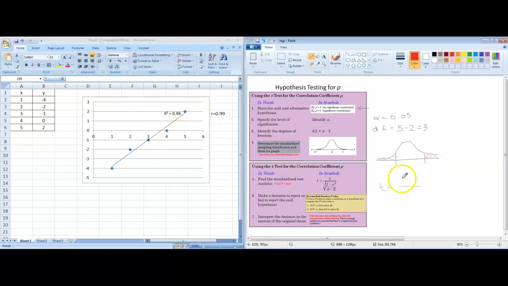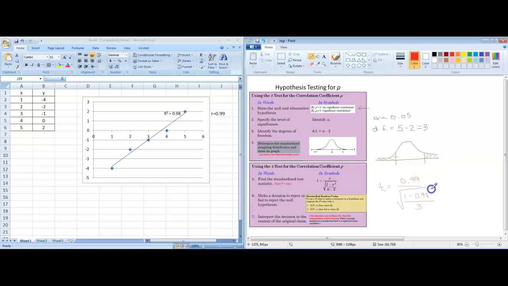Look, my R is 0.99. R squared, if you did it in Excel, you already have it, 0.98. And n minus 2 is the degrees of freedom, so in this case it will be 3.